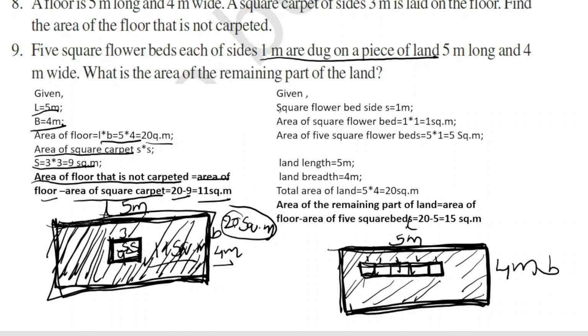So here the square flower bed side is 1 meter and area of the square flower bed is S into S, that is equal to 1 into 1, that is equal to 1 square meter. So here 5 square beds are dug on the land. So area of 5 square flower beds is equal to 5 into 1, that is equal to 5 square meters.